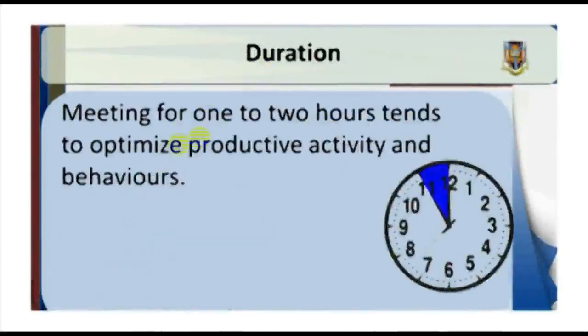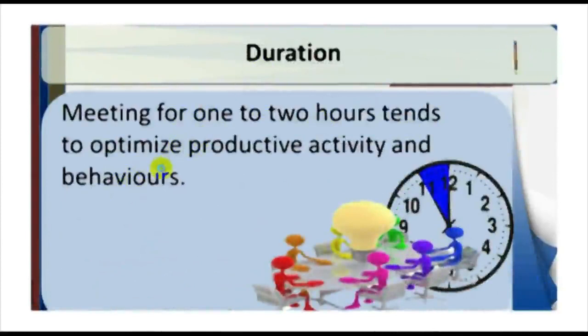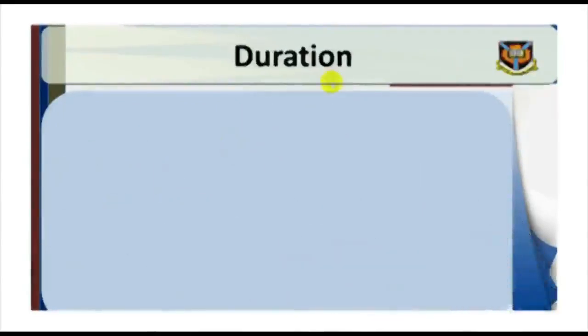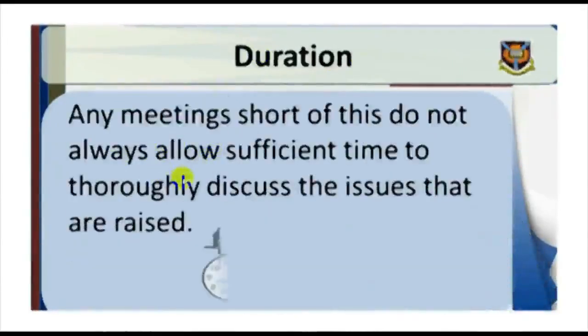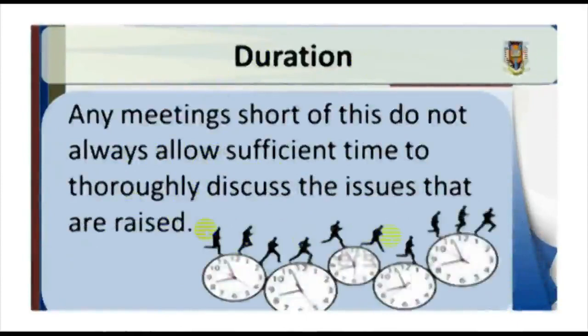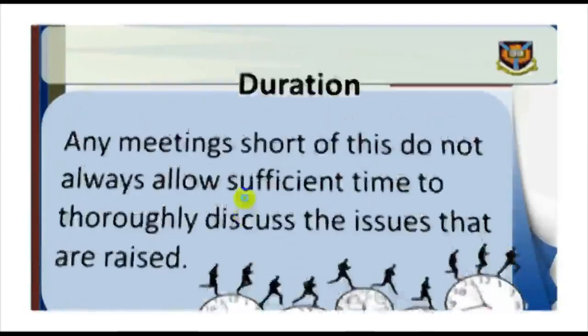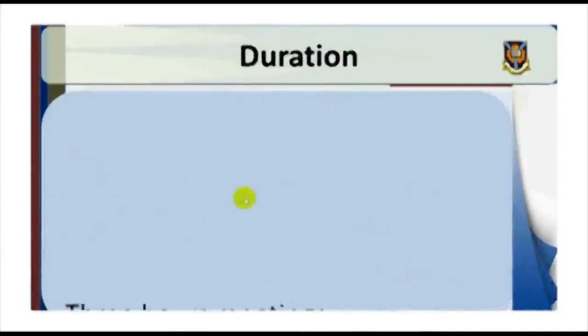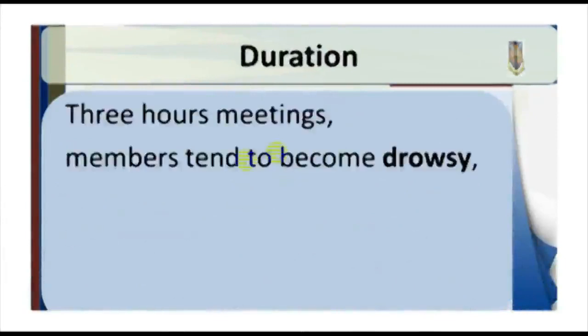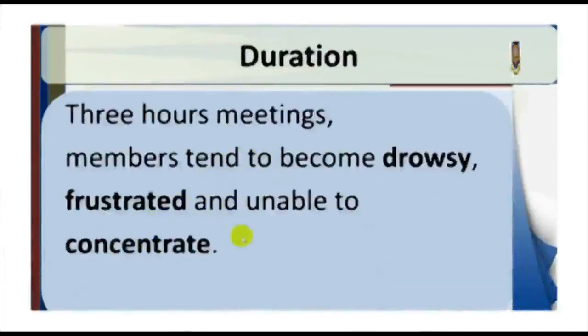Any meetings short of these do not allow sufficient time to thoroughly discuss the issues that are raised. However, in any meeting that lasts longer than 3 hours, members tend to become drowsy, frustrated, and unable to concentrate.